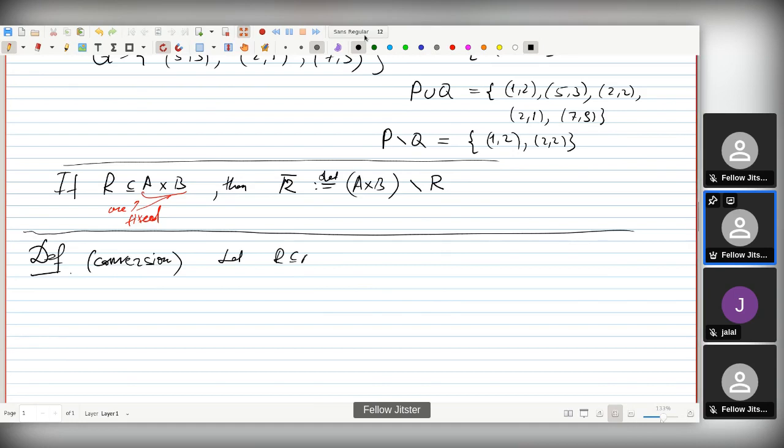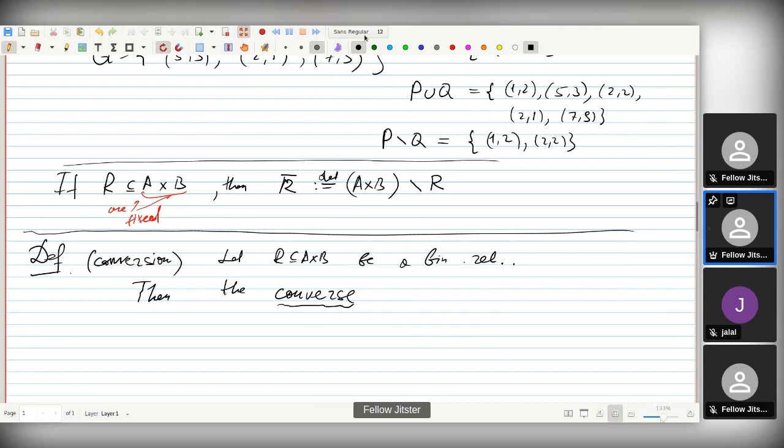Let R, as usual, be a binary relation between A and B. Then the converse, sometimes they say the inverse, but for some reason it is not good.